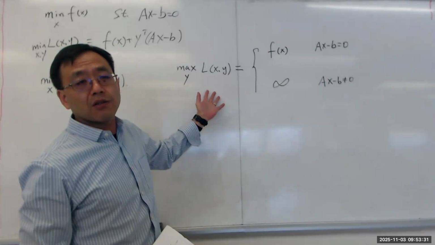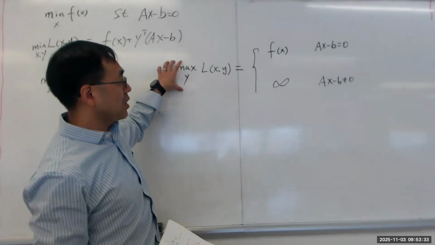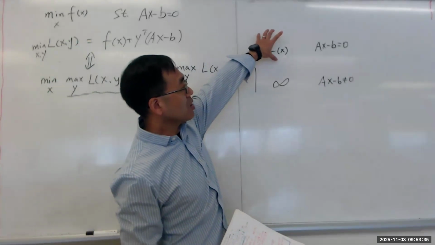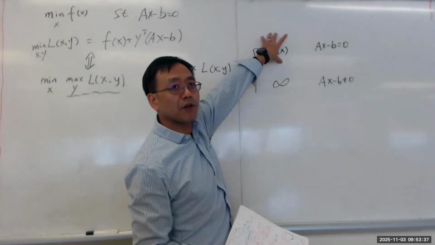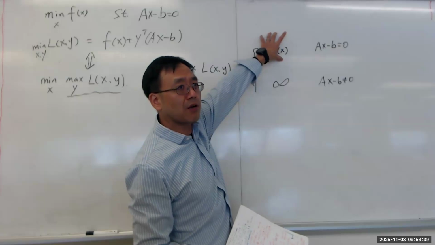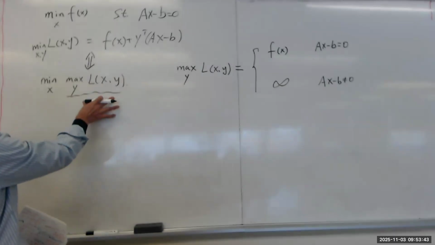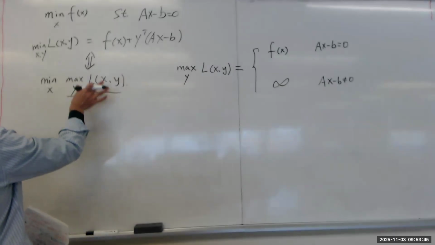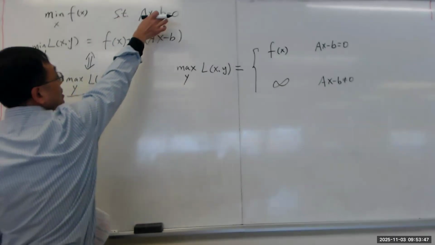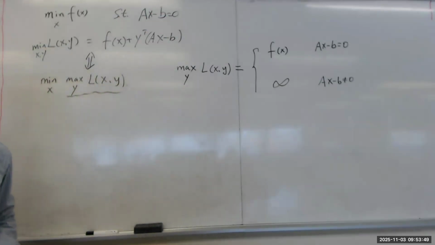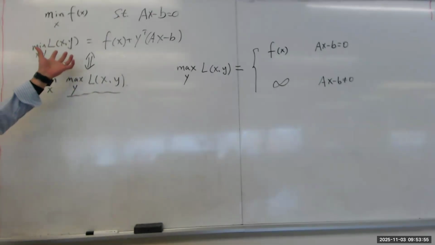So if you want to minimize this function, it has to be constrained to the first scenario. Therefore, minimizing this function is equivalent to minimizing f(x) subject to this constraint.